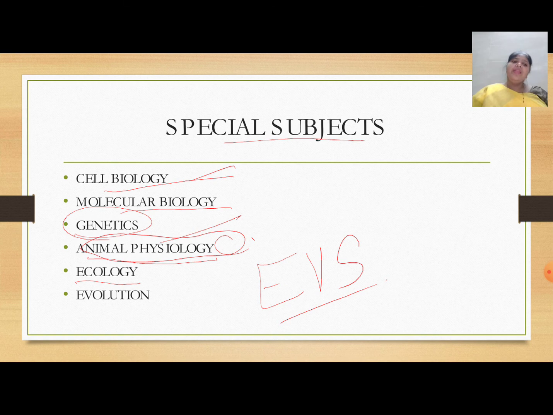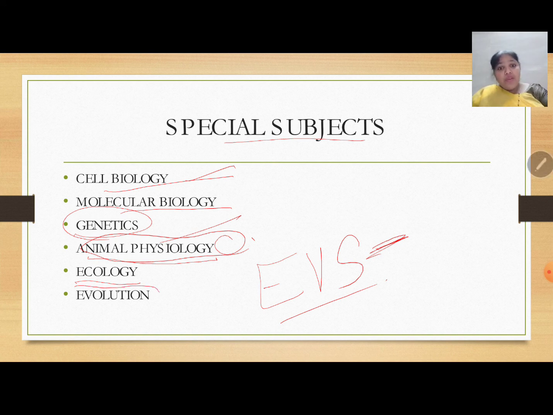For everybody they have made it mandatory to do one paper of EVS, because we have to be conscious about our environment. That is a major reason they have brought EVS as a mandatory subject for all undergraduate courses. But here in zoology, we do it as one main core theory paper itself.